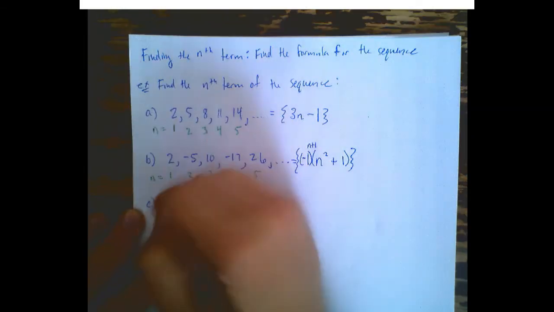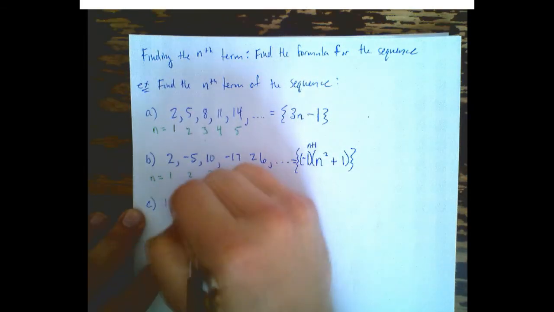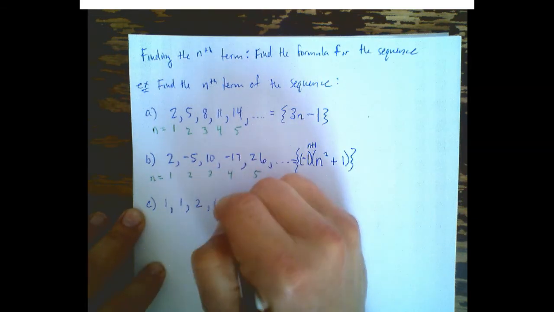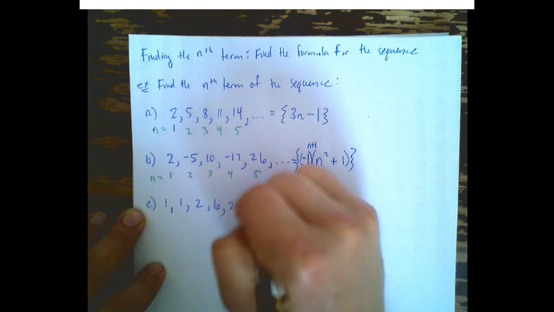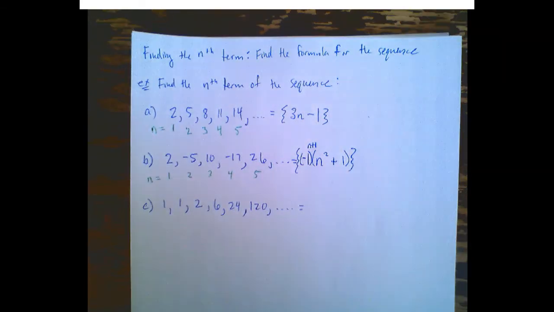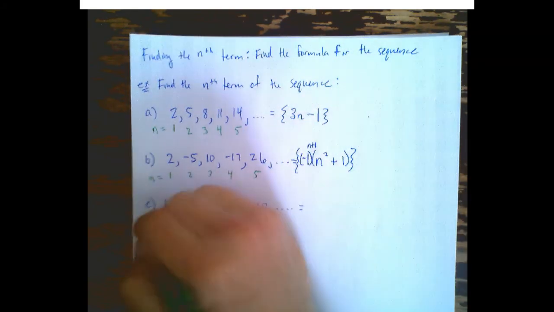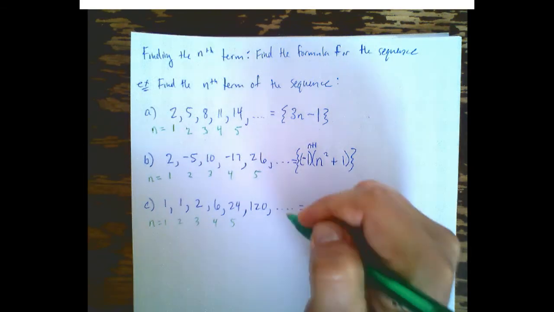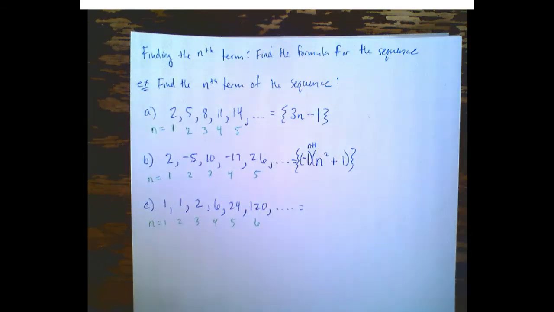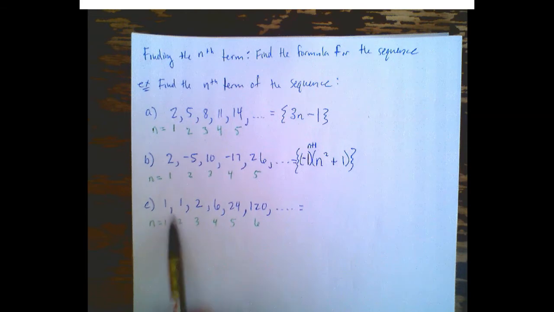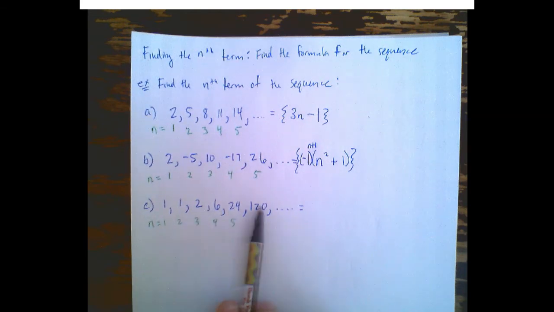Let's try this one. How about 1, 1, 2, 6, 24, 120. What will be our nth term here? Alright, so if you notice, numbers start out pretty small and then they grow pretty quickly.